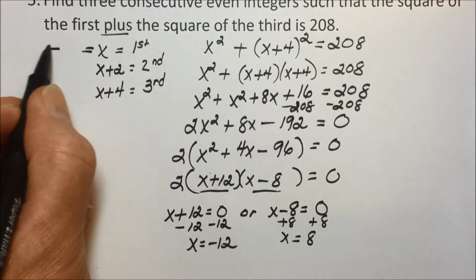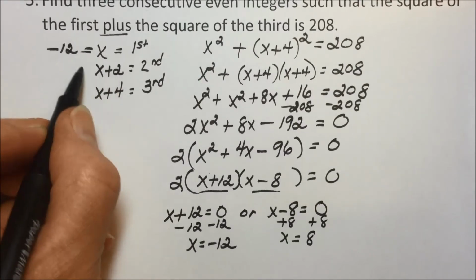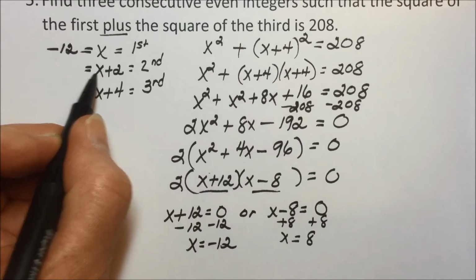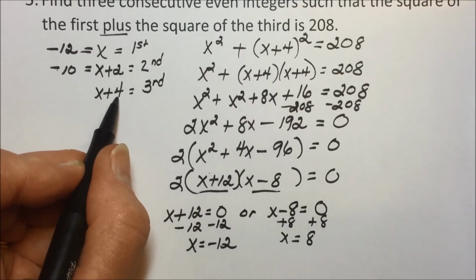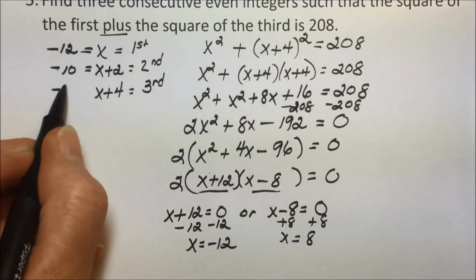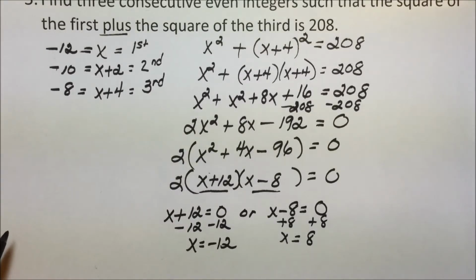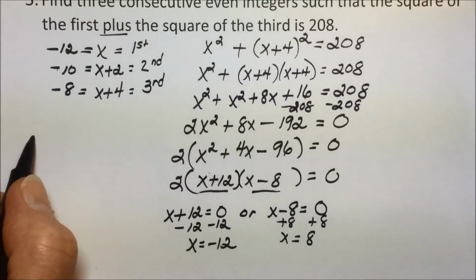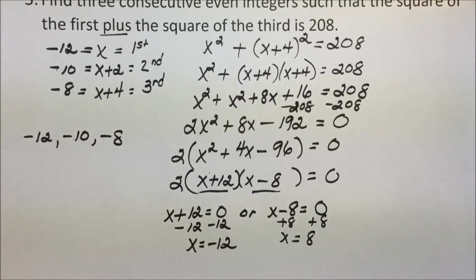If x is negative 12, and we add 2 to it for the next consecutive even, we'd be at negative 10. And if we add 4 to our negative 12, we are at negative 8. So one set of consecutive even integers would be negative 12, negative 10, negative 8.